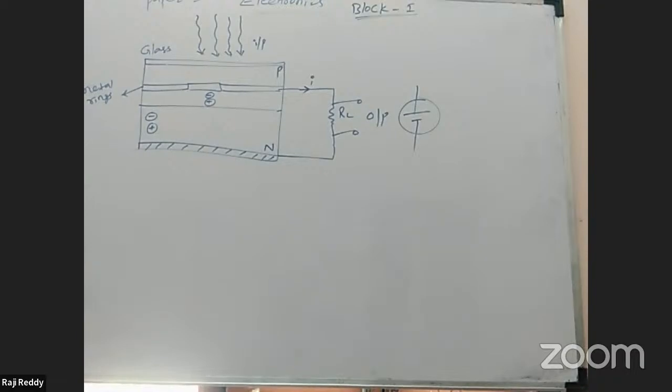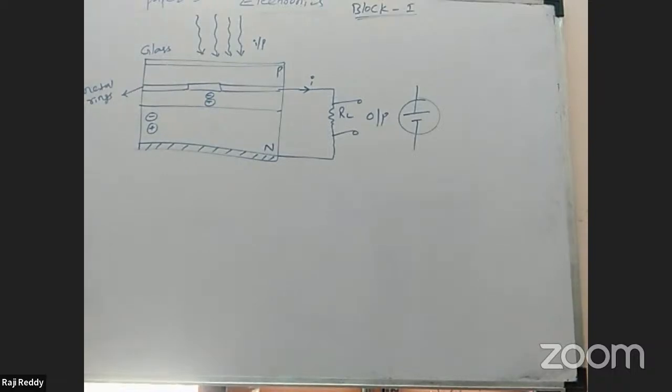These electrons and holes reach the depletion region towards the window side by diffusion. By the strong potential barrier or the existing electric field, they move slowly towards the n region side.